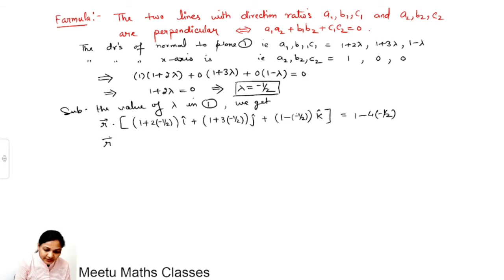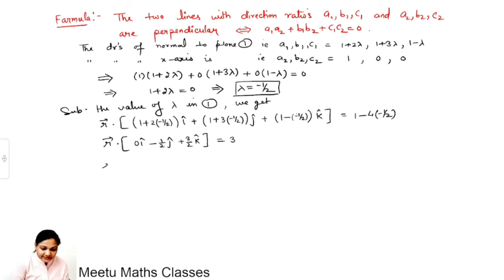So here we will get 1 minus 1, this is 0i, and here we will get 1 minus 3 by 2, that is minus half, and here we will get 1 plus half, that is 3 by 2, k is equals to, this will give you 1 plus 2, that is 3.